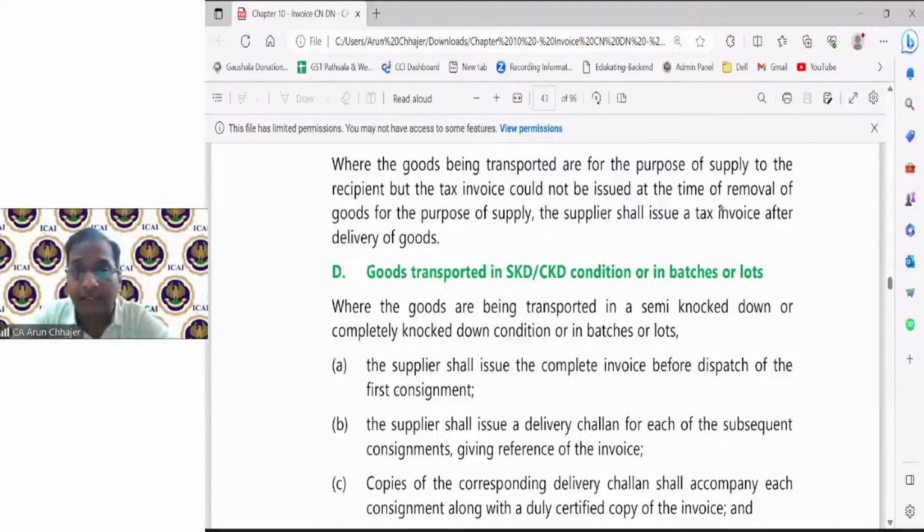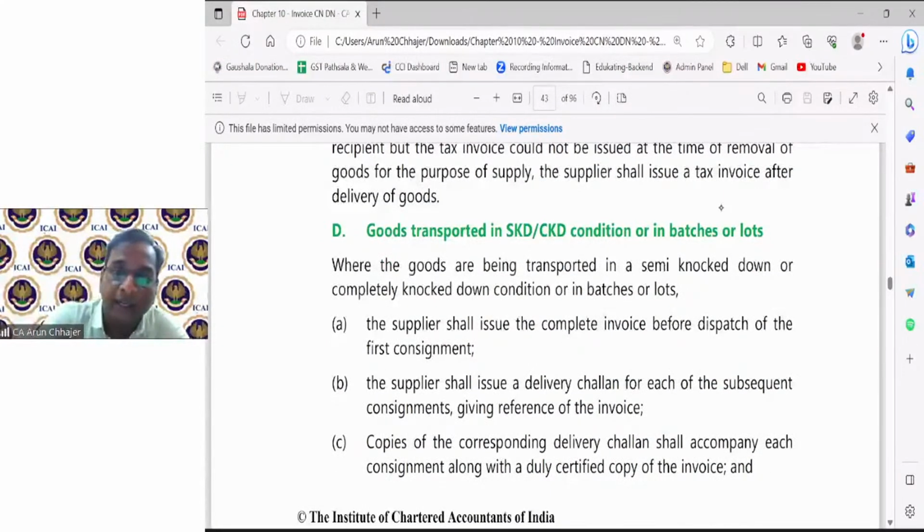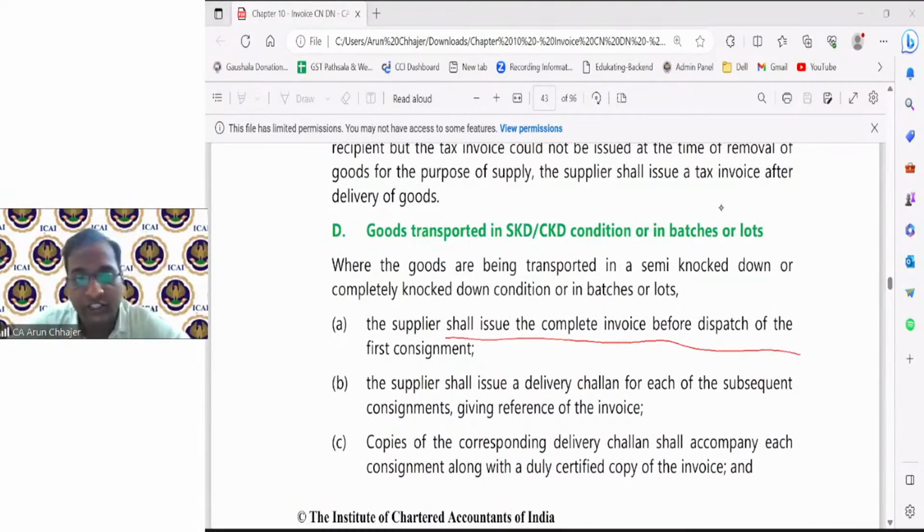So let's say I have dismantled it and divided it into 2-3 parts. Now I am moving that machine in 2-3 trucks, or the goods are being sent in batches or lots. Then they are saying the supplier shall issue the complete invoice before dispatch of the first consignment.